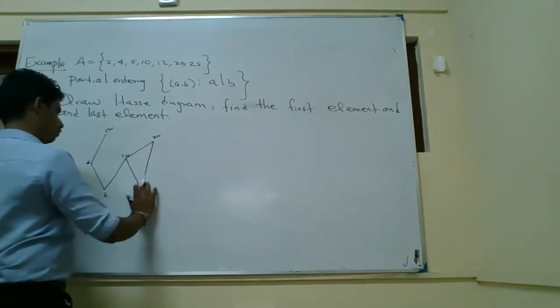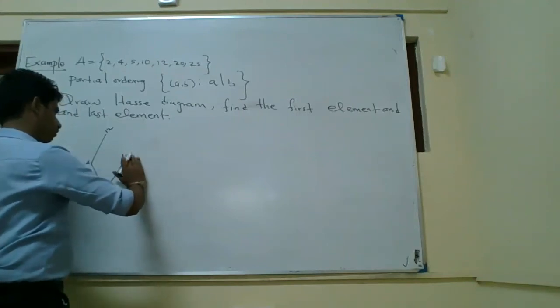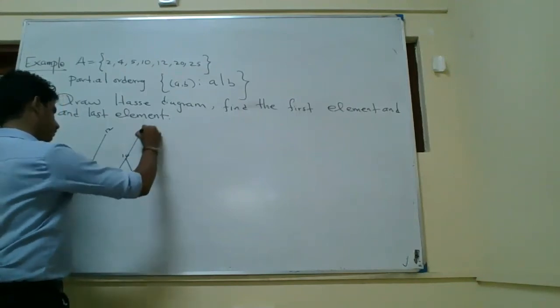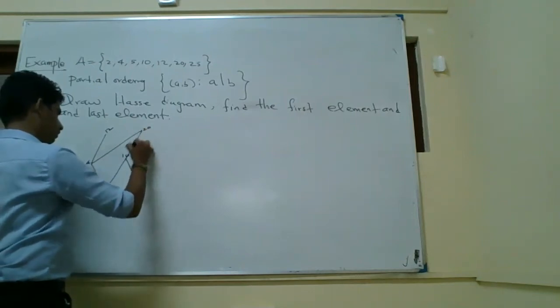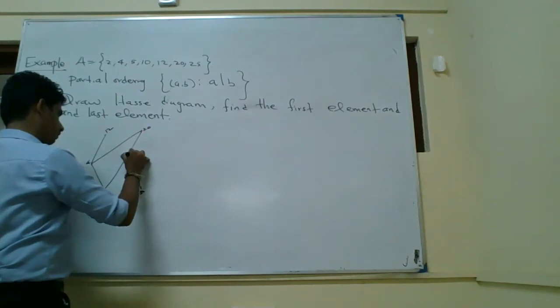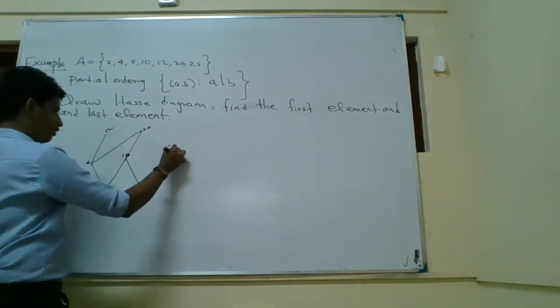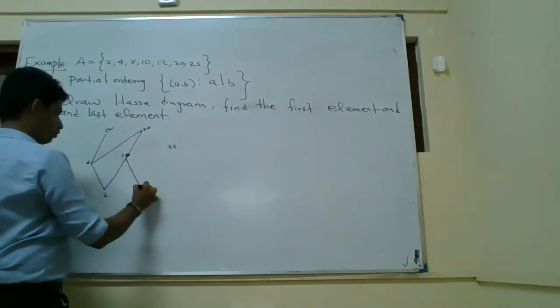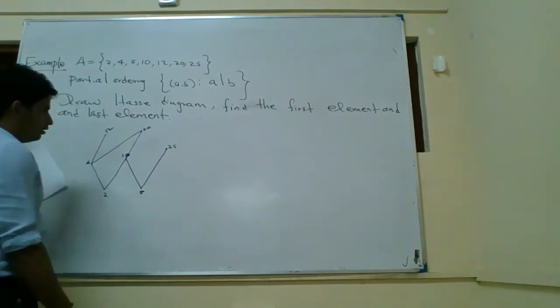But here it is not needed for us because 5 is closer to 10, then you can put like this. This is 20. This is 10. Right. 25 you can put like this, 25 to 5. No, only 5. Okay, this is your diagram.